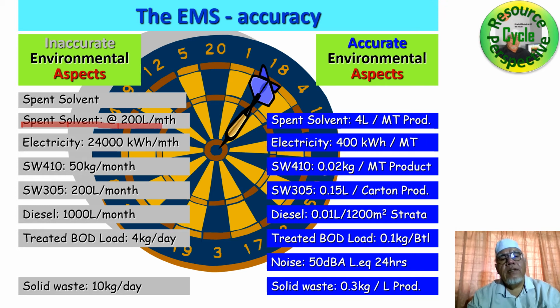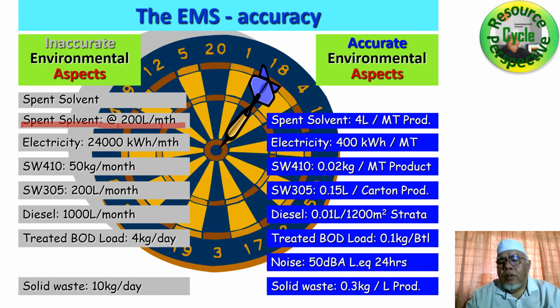Spent solvent is being produced as an output environmental aspect, quantified at 200 liters per month. What does it mean? Actually, in environmental management, it's just 200 liters of spent solvent per month. Okay, fine. But to businesses, what does it mean?